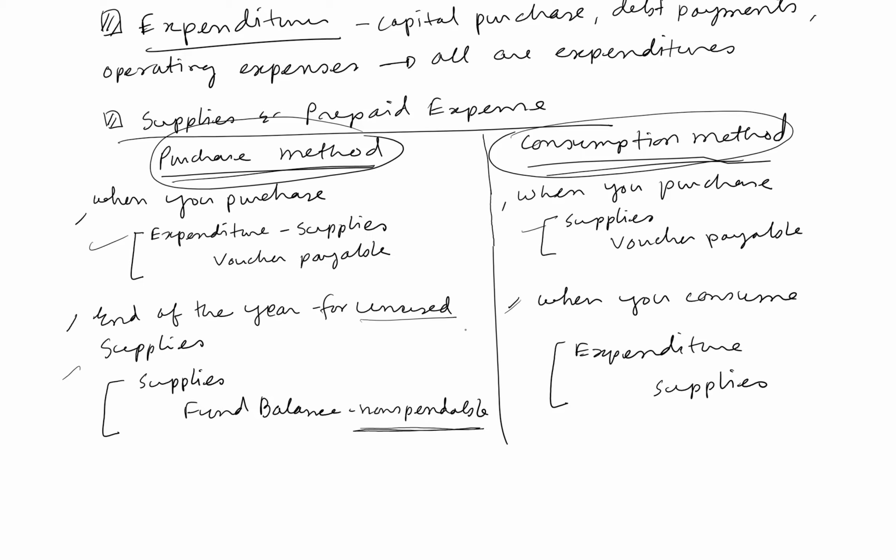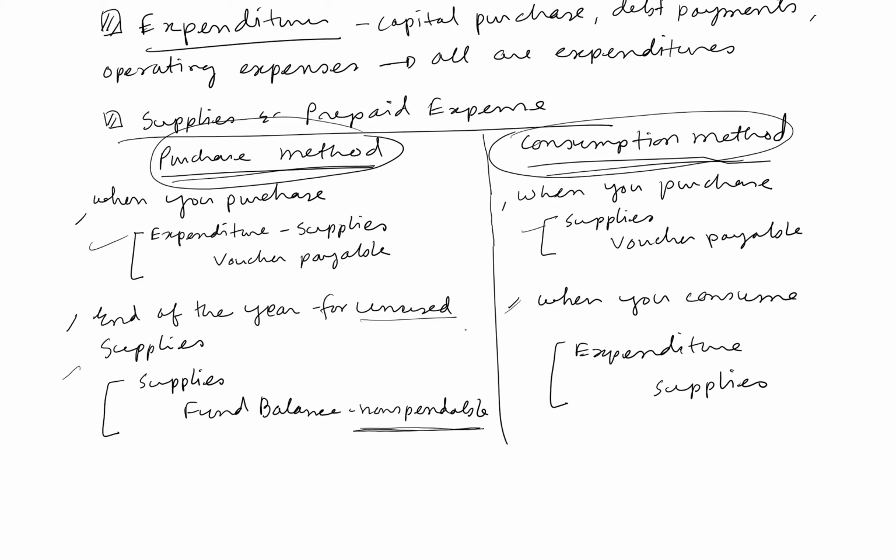Now remember, purchase of fixed assets is not capitalized, rather it is considered an expenditure. And proceeds from long-term debt, we know, are considered other financing sources, not bonds payable. Now the payment of your long-term debt, that means when you pay any portion of your principal or any interest, both are considered expenditures. So these are all about the expenditures.